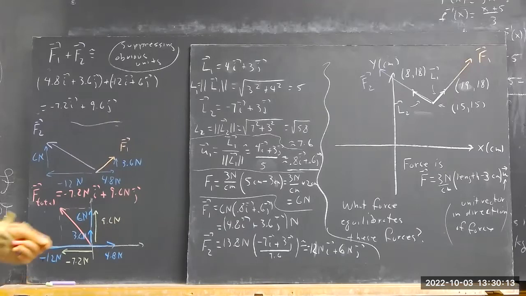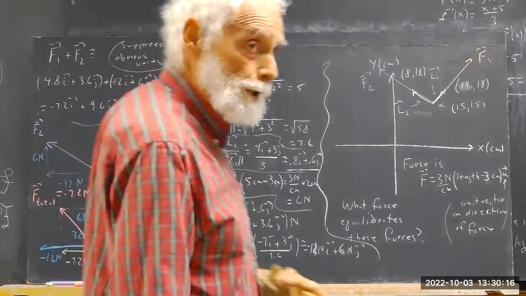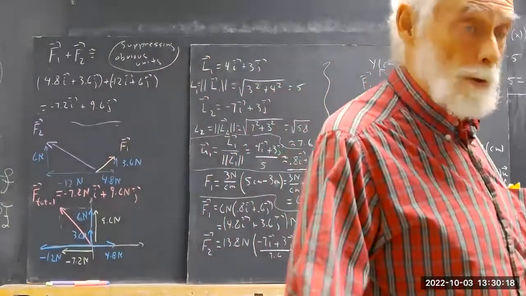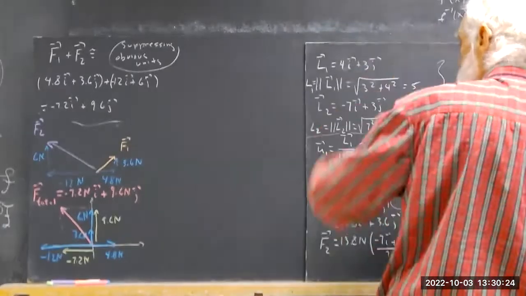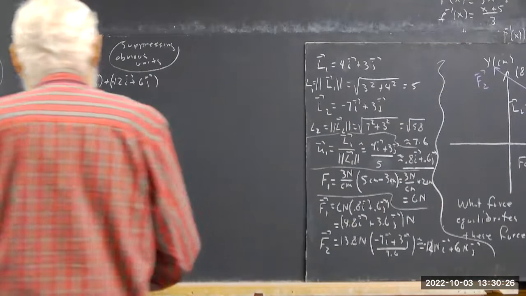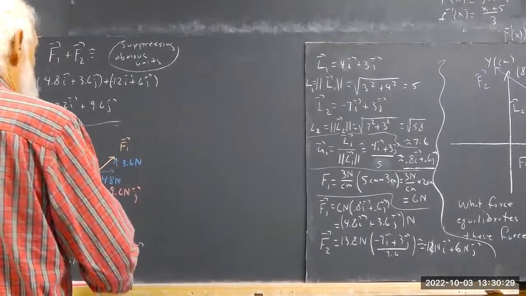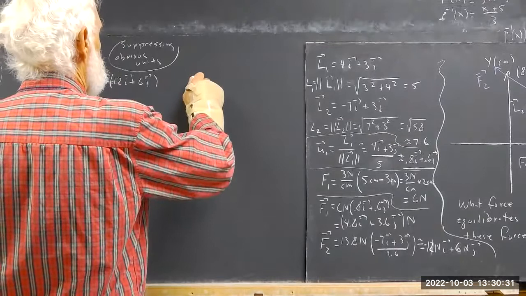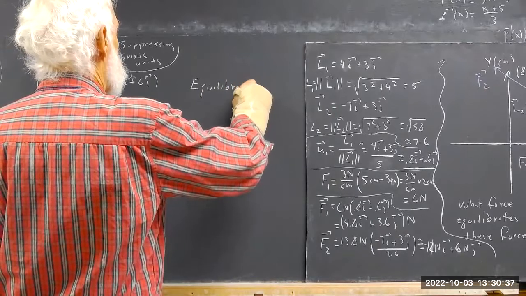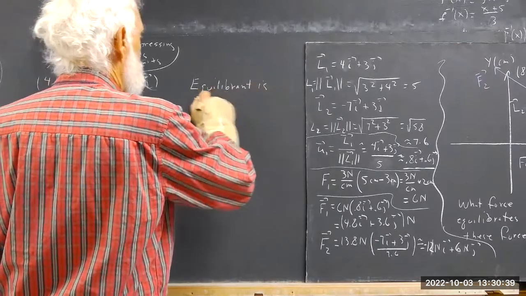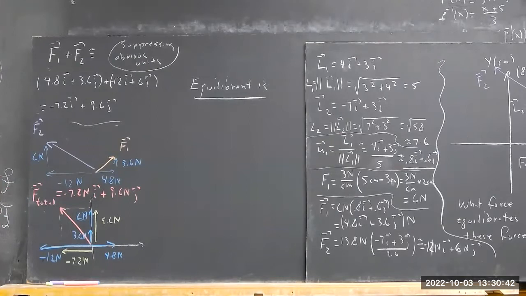Actually, before we do that, we get the angle and magnitude. That's very straightforward. It's just the Pythagorean theorem and the arctangent, and make sure you're in the right quadrant. What's the equivalent? Write it down for me. So what's the equivalent?